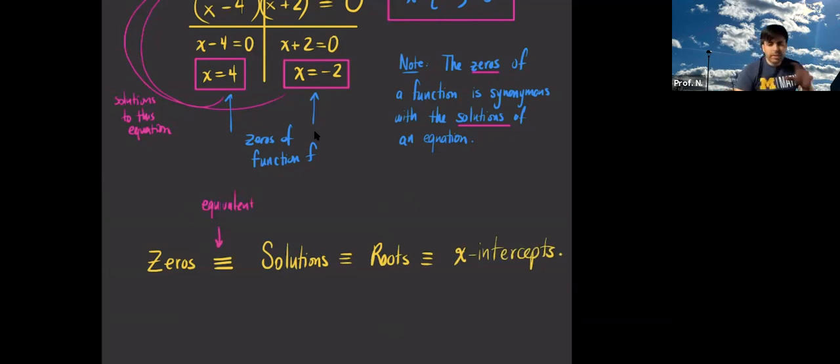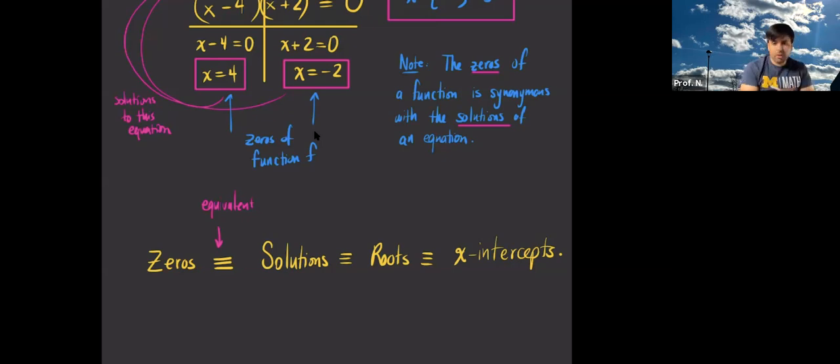So all of these words represent slightly different aspects of about the same thing. The zeros means when you plug in the x value, you get 0 as a result. The solutions means that when you plug in that x value to the equation, it makes it true. Same thing goes for the roots.